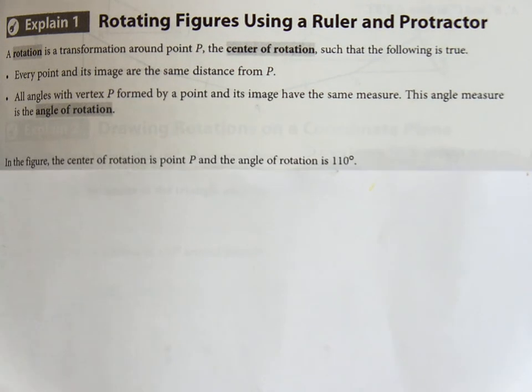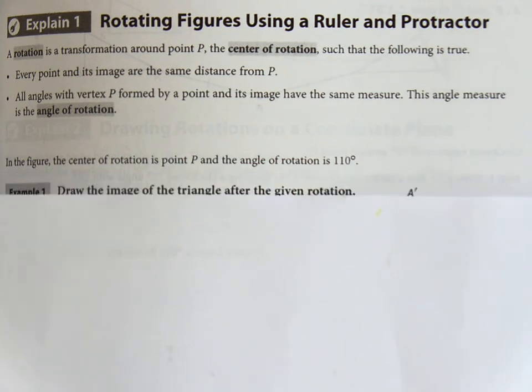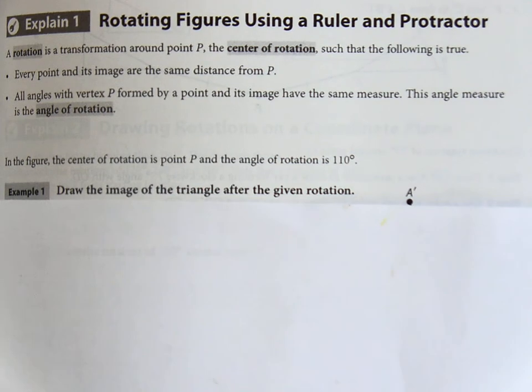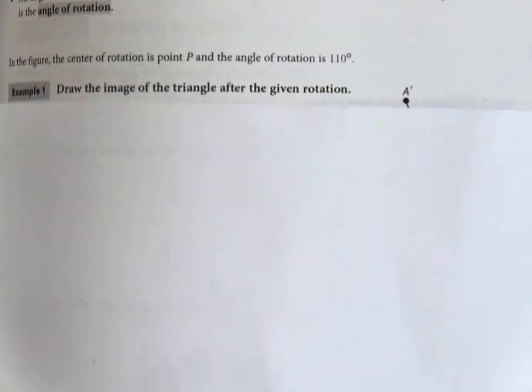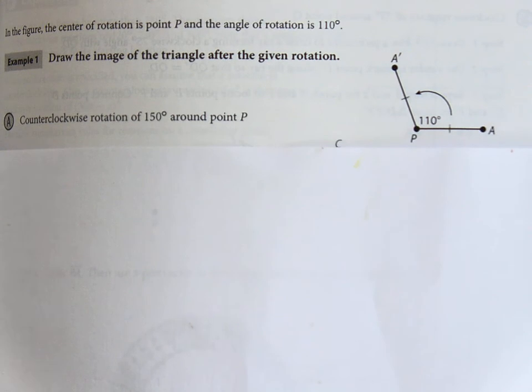Alright, so in the figure, the center of rotation is point P, and the angle of rotation is 110 degrees. So example 1, we're going to draw the image of the triangle after the given rotation. Counterclockwise, so that's always important as to which way you're going.